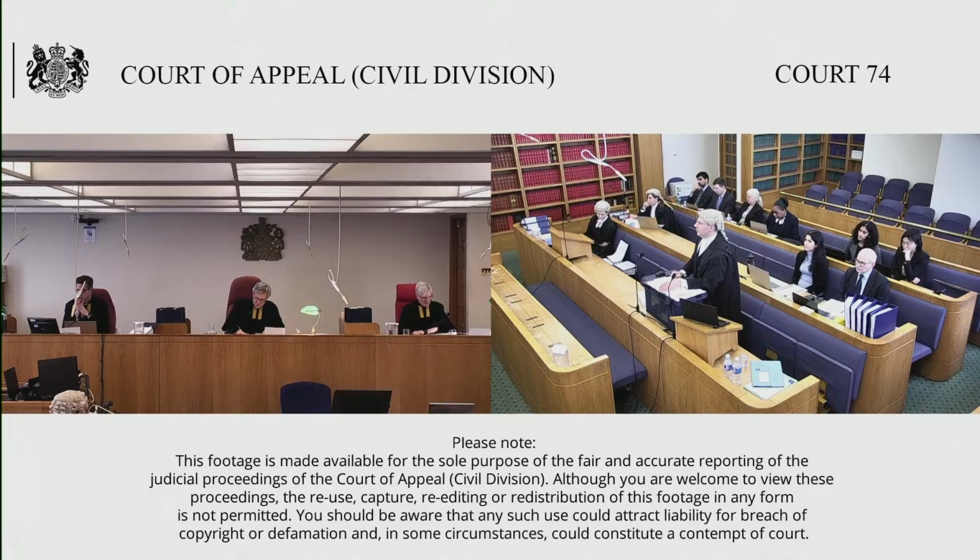So it is not an illustration of what HMRC are saying in their manuals, because what they say in their manuals relates to section 11. 66 is a deeming provision.